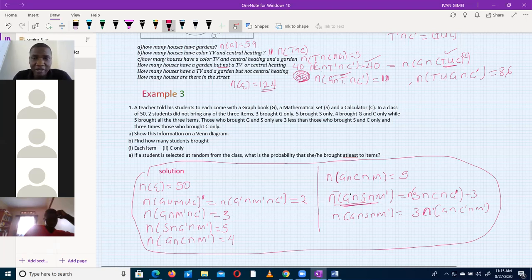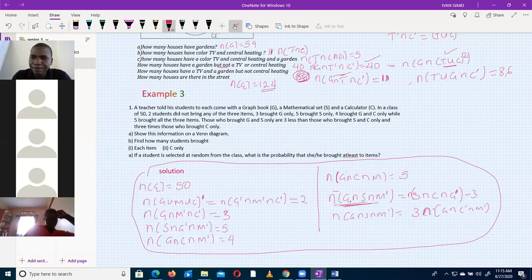Certain questions always involve such parts where they're saying the number of those who brought G and S only are 3 less than those of S intersection C only. You must know that less means subtracting. So I get those of S intersection C only, subtract 3, and that gives me those of G intersection S only.